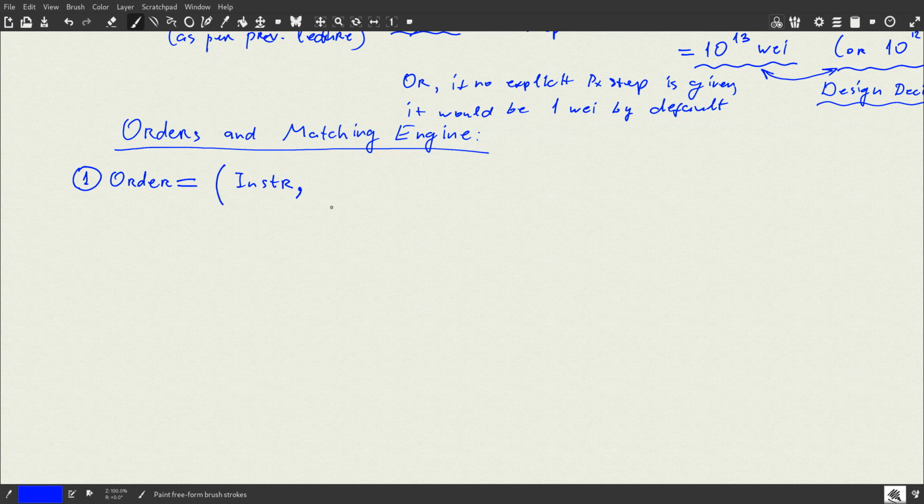Okay. Most importantly, what then? What do you think comes next in the order? Next in the order comes, you know what? You either buy this instrument or you sell this instrument. Okay? So then there is a buy-sell flag.